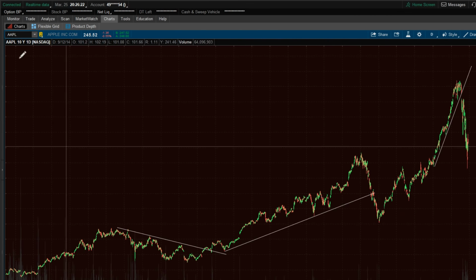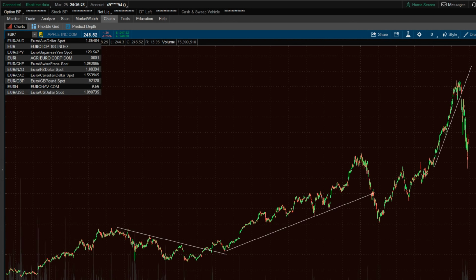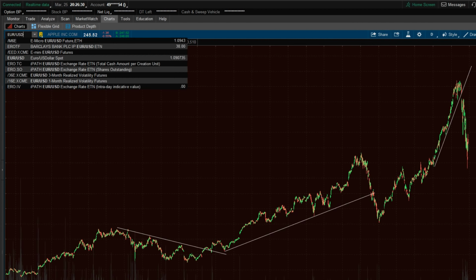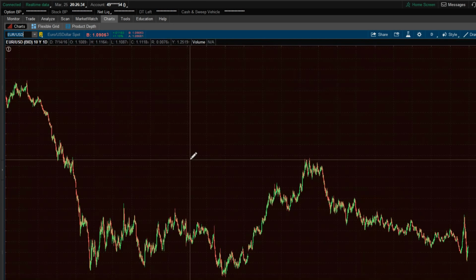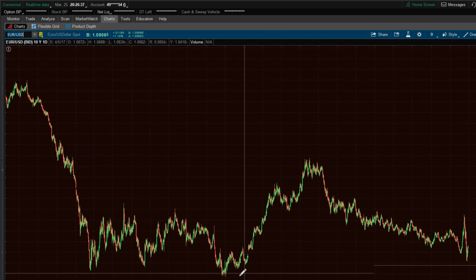But yeah, I mean, let's look at the euro, spot forex. Trend lines.